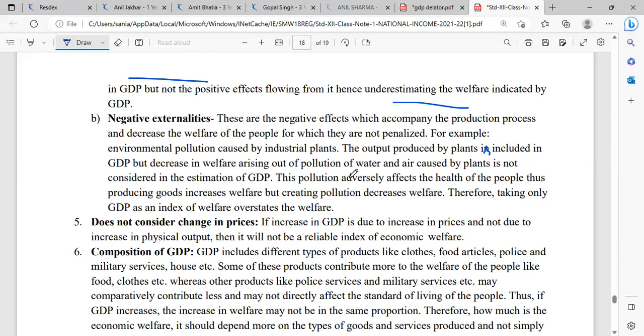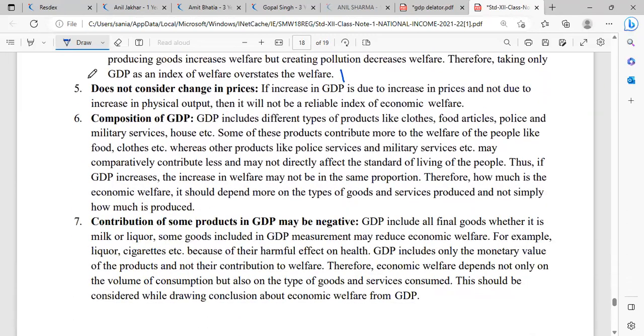This pollution adversely affects the health of the people. Thus producing goods increases welfare, but creating pollution decreases welfare. Therefore, taking only GDP as an index of welfare overstates the welfare. Clear? Yes, ma'am.